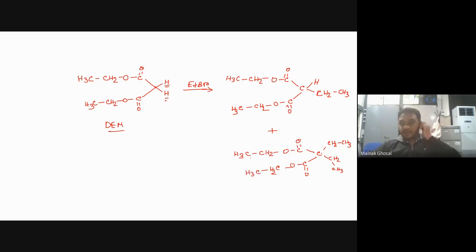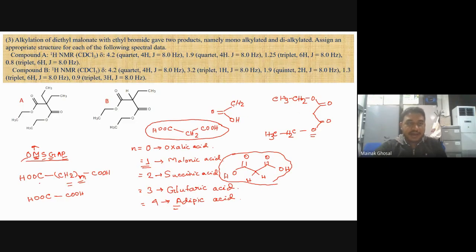So this is the monoalkylated product, and this is the dialkylated product. The question mentions that alkylation of diethyl malonate with ethyl bromide gives two products, monoalkylated and dialkylated. You have to assign the appropriate structure for each of the following compounds.